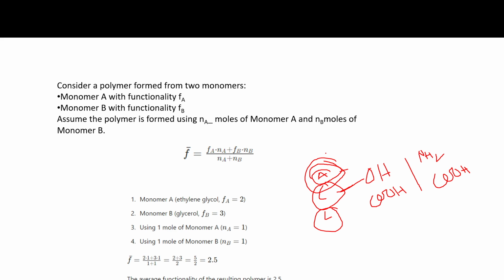When two functional groups are involved, how can we calculate the average functionality of the molecule?